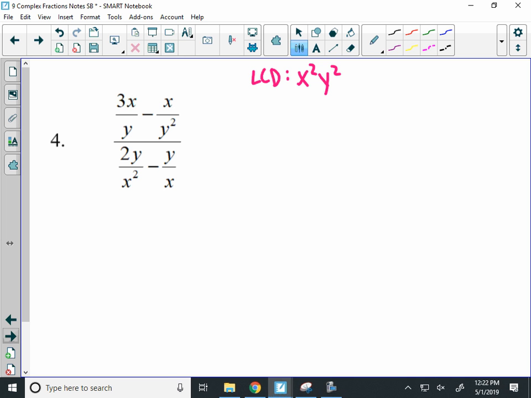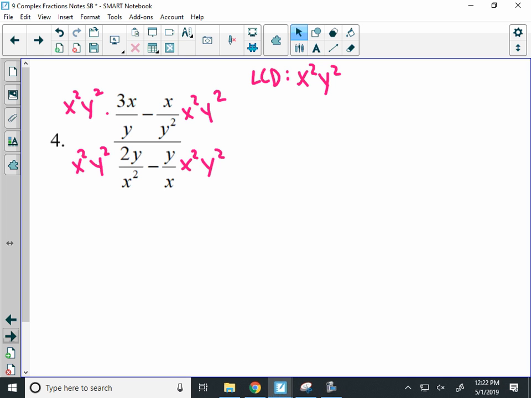So I'm going to multiply every fraction here by x squared, y squared. It seems like a lot of writing at first, but now all of those fractions are going to disappear.